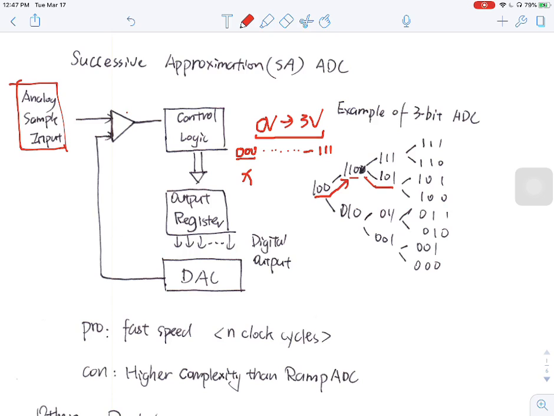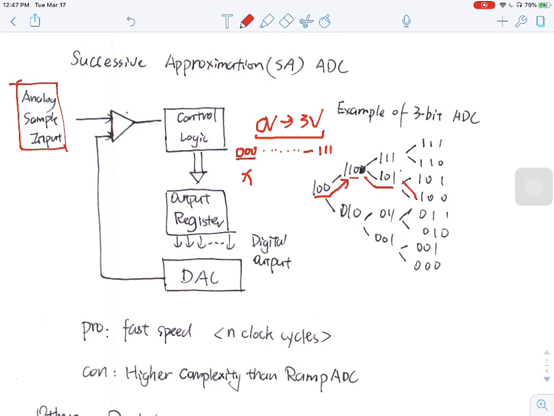Then it does another comparison between X and 101. If X is greater than 101, it will move on to the upper branch. And if it is smaller than 101, it will move on to the lower branch.